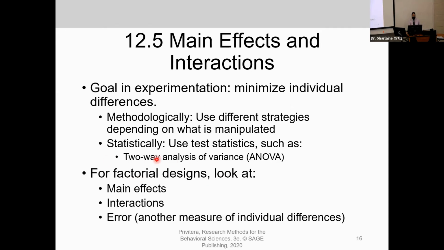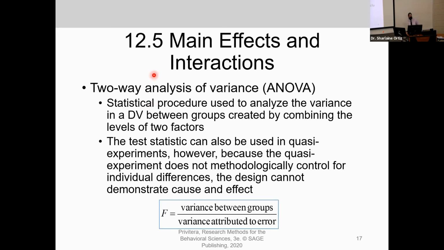So as an example, we can make use of the two-way analysis of variance in order to minimize for those concerns. So in keeping with an ANOVA, let's talk a little bit more in detail in regards to our ANOVA.